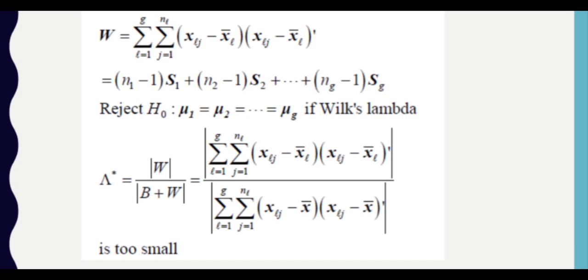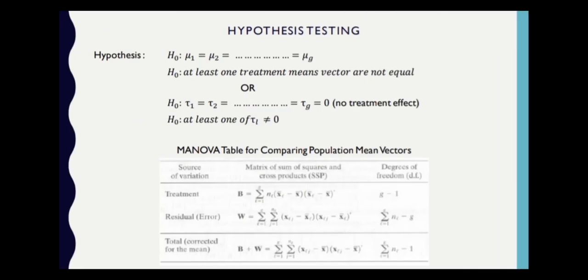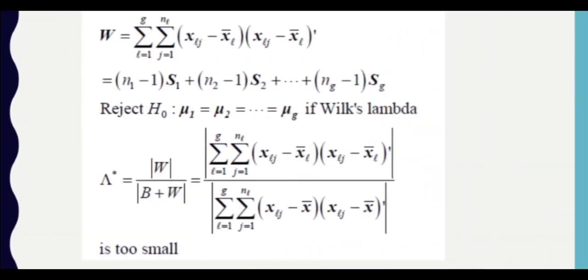Okay, so this notation dinamakan Wilks' lambda, which is the determinant of matrix W. So W nanti you akan dapat dalam bentuk matrix. So you cari the determinant and then divide dengan determinant of B plus W here. Matrix here. Okay, you cari determinant of matrix B plus W.